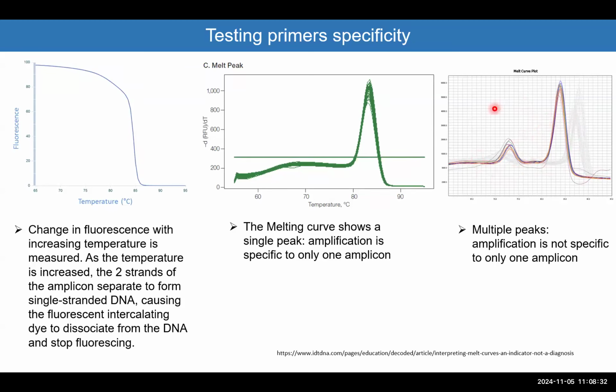One that melted around 75 and another that melted around 85. And therefore, this primer you cannot use in a qPCR experiment. It's not specific to the gene you are using. That's how the primer should be in order to use for a specific gene.